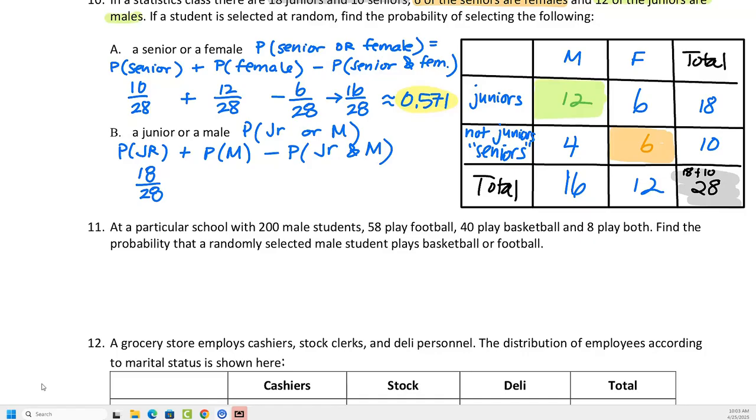The probability of a male, isn't that going to be 16 28ths? Minus the probability of a junior and a male. In the junior row, that's this whole row, we take the male, which is 12, and put it over 28.